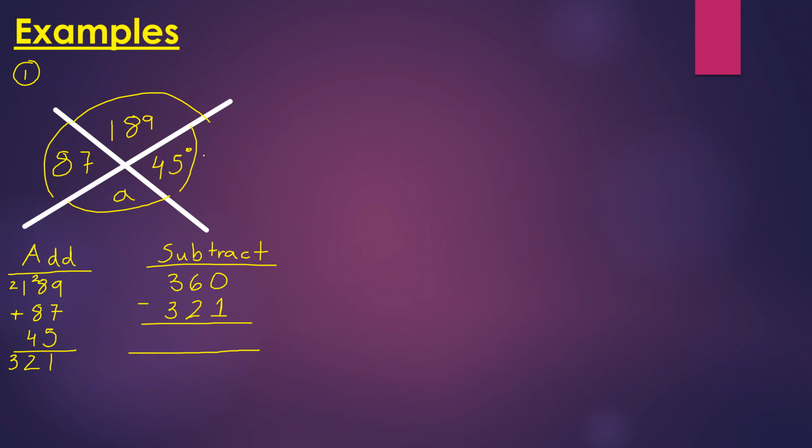So we have the bar, right? This becomes 5. This becomes 10. 10 minus 1 is what? 9. 5 minus 2 is? 3. Very good. And 3 minus 3 is? 0. So this is going to be A equals 39.